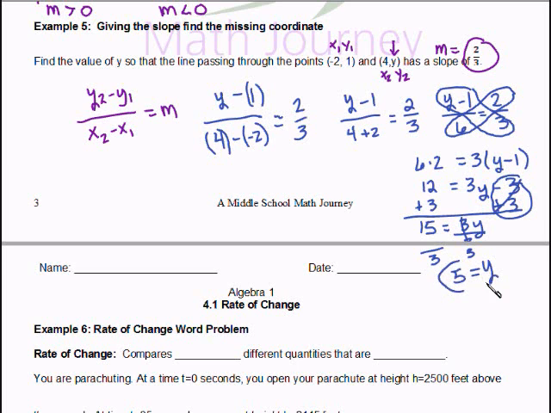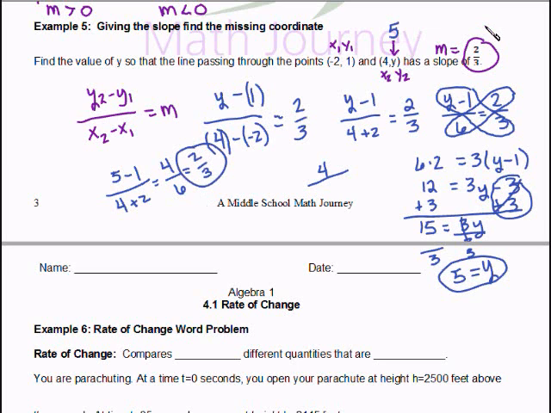Okay, so my missing point is 5. Checking it: 5 minus 1 divided by 4 plus 2, which is 4 over 6, and that breaks down to 2/3. So my slope is correct when I go back and plug it in.